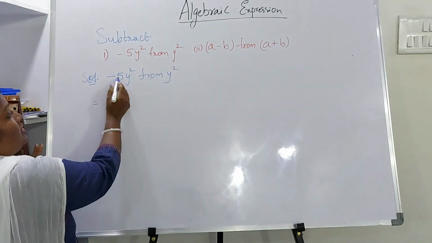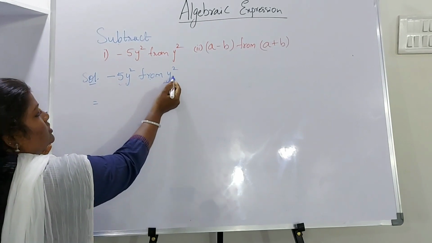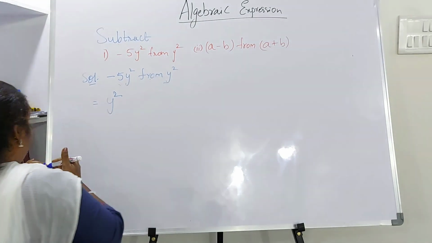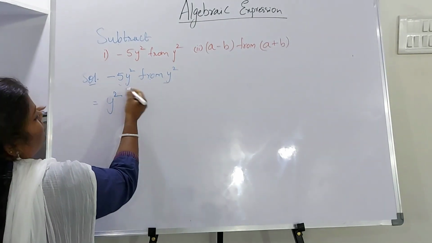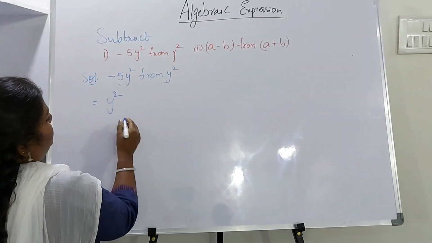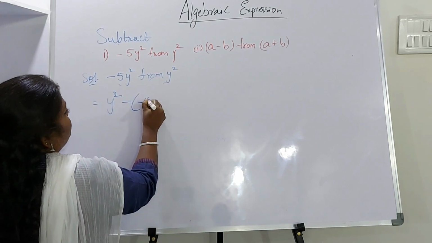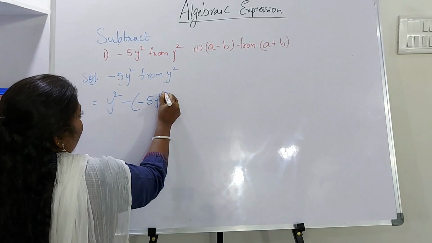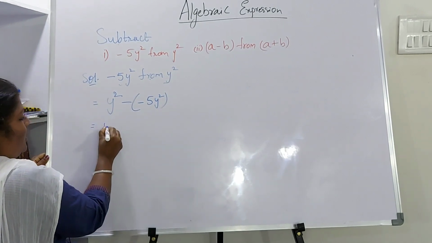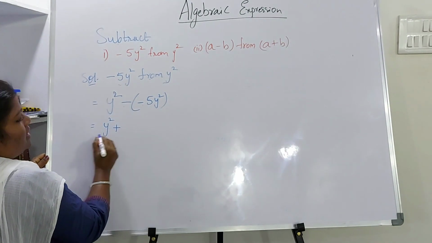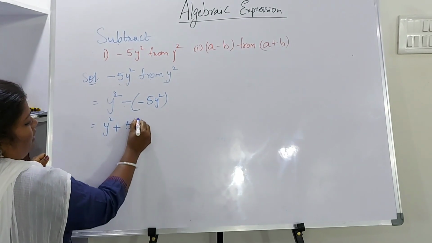Subtract this from this, so the second one is going to come first, and the next one is going to come second. So it is y square minus of minus 5y square. Now minus into minus will become plus 5y square.